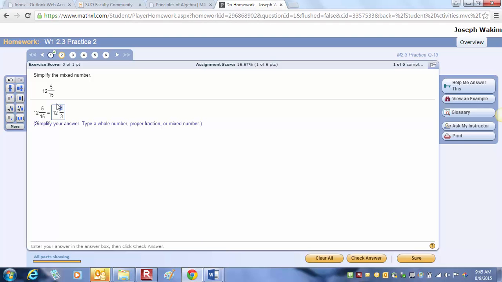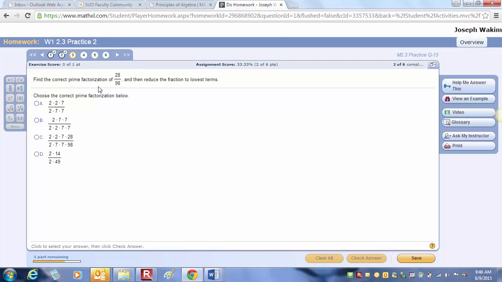So let me see if I need to have a space. I don't have to have a space. This software does not like you to have spaces. So all I did here, I reduced the 5 over 15. The question is simplify your answer. Type a whole number, proper fraction, or mixed number. That's a mixed number. I'm good. Let me check. Okay, so moving on to number 3 now.